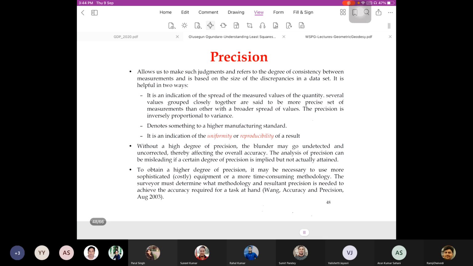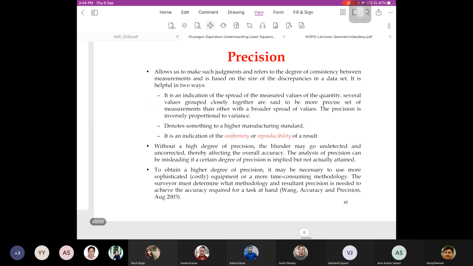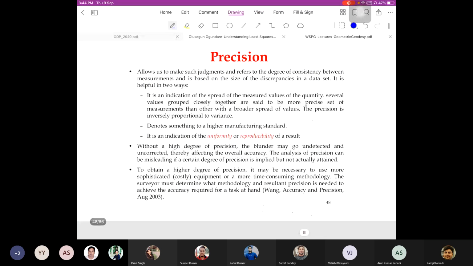Because we have discussed that we should have redundant observations. So that is the indicator of precision, and it helps in two ways. One is it is an indication of the spread of the data set, how your data set has spread.